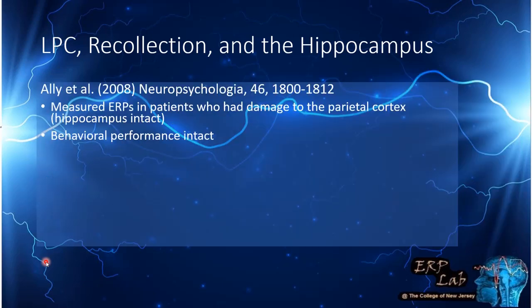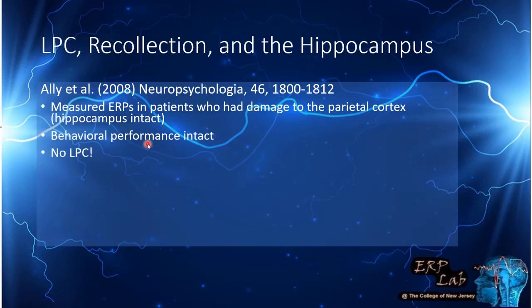Now, the hippocampus probably doesn't necessarily generate the LPC, because there's another study, Ali et al. They measured ERPs in patients who had damage to the parietal cortex, so their hippocampus was intact. Importantly, their behavioral performance was intact too, so they didn't show any memory deficits in terms of behavioral measures compared to the control participants.